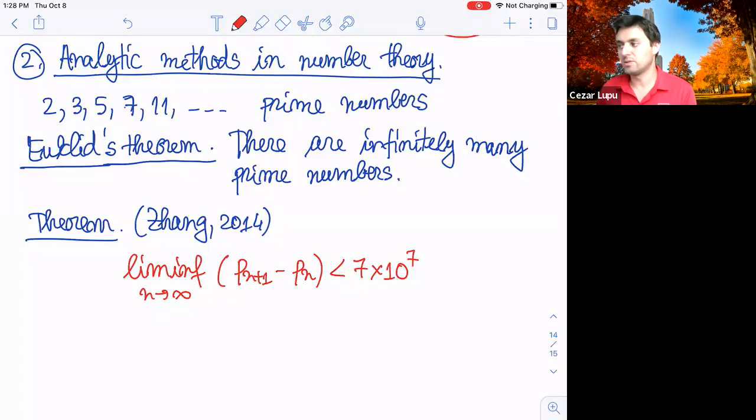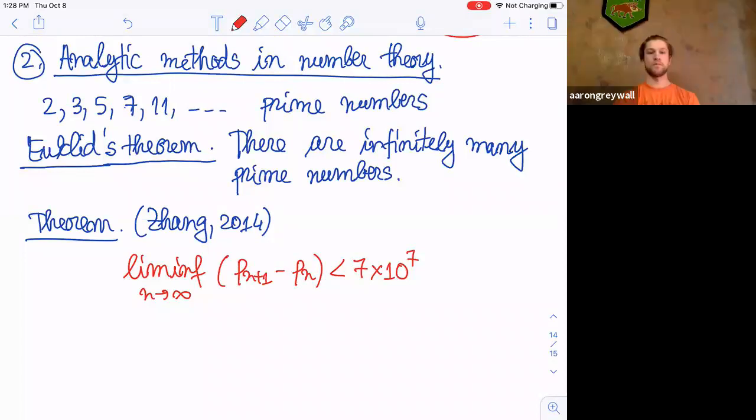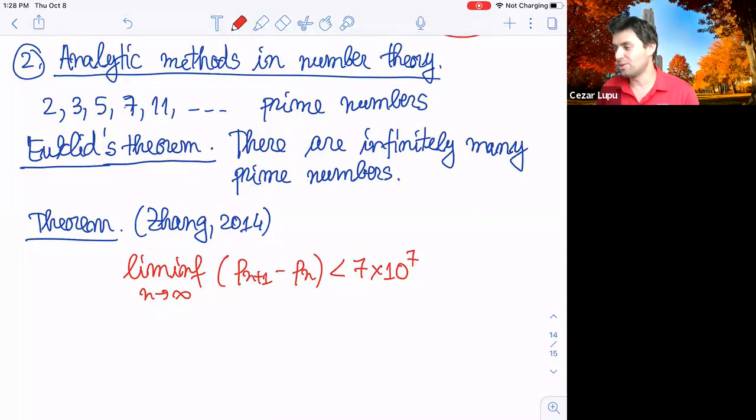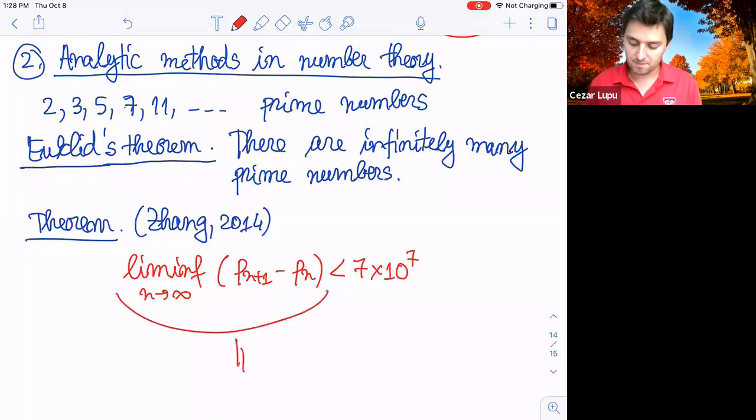That was a huge result. Still, it's a huge result in mathematics. And also, the twin prime conjecture basically says it is conjectured that this guy is actually 2. But that's the conjecture.